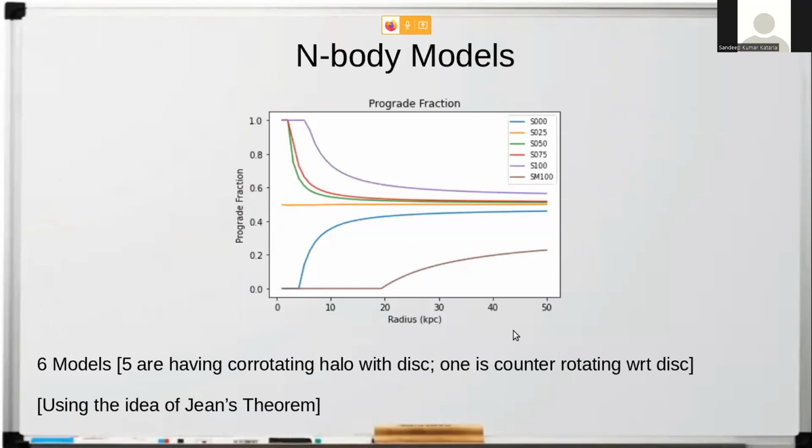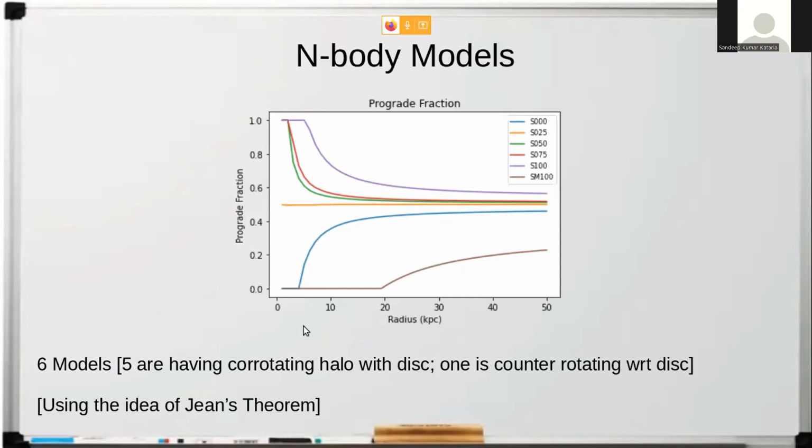Now as we are interested in checking the effect of inner angular momentum, we make 6 models. 5 have halos co-rotating with the disk, and 1 is counter-rotating with respect to the disk. The main difference is the inner prograde fraction that we are varying. We are using the idea of Jeans' theorem, which says that if you have a given density distribution and potential, then solutions for the orbits are possible both clockwise as well as anti-clockwise.